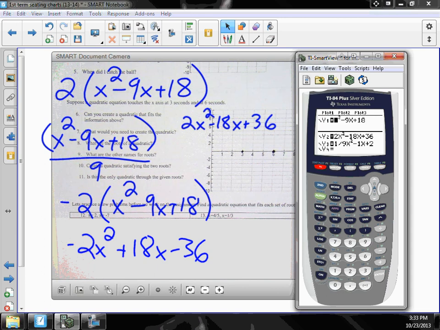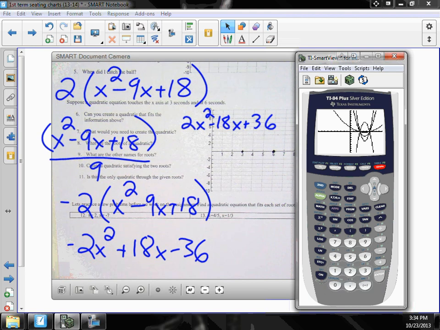So I'll put that down in my y equals. Negative 2x squared plus 18x minus 36. Graph it. It should be upside down, and it should be skinnier than my original.